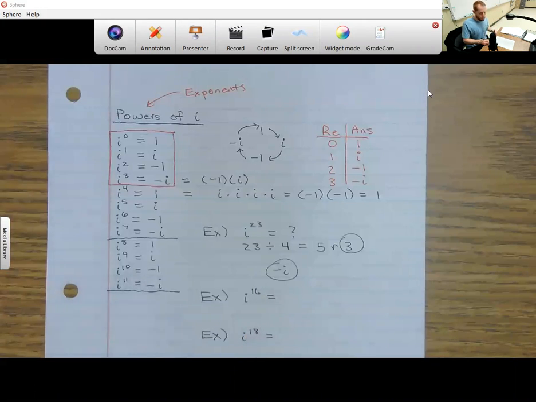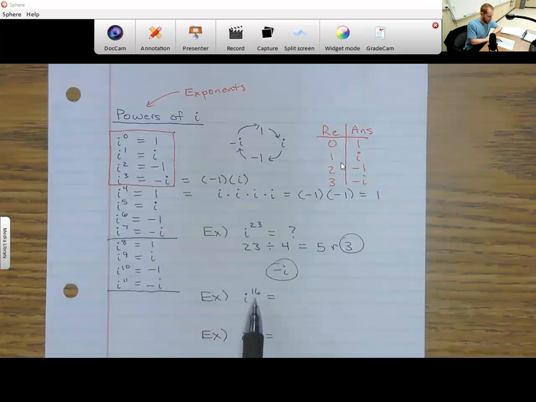So go ahead and try those on your own, and we'll talk about them in a minute. What would i to the 16th power be, and what would i to the 18th power be? Okay. So we're going to look at the remainder table.